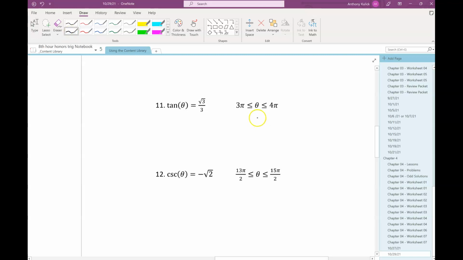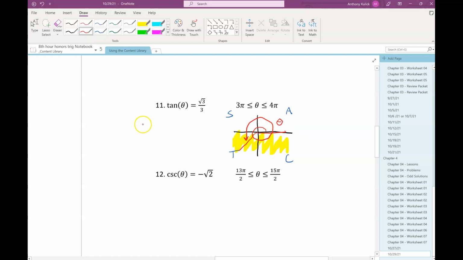So same idea. I'm going to cut to the chase because this is also 3 pi to 4 pi, so we already know that it's down there, right? And then all silly turtles crawl. So tangent is positive in quadrant 3. So that's my theta, right?